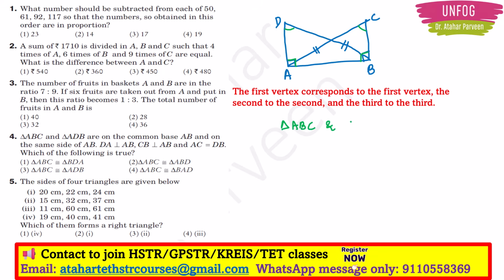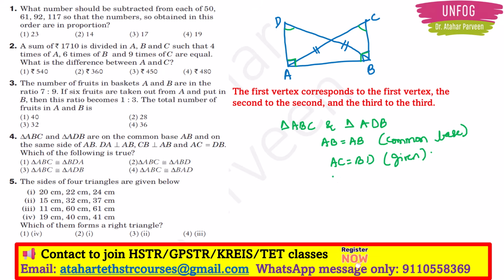So here you should understand that in these two triangles, triangle ABC and triangle ADB, AB is equal to AB because they are telling that a common base is there for both the triangles. Then AC is equal to BD, that they have given in the question only.